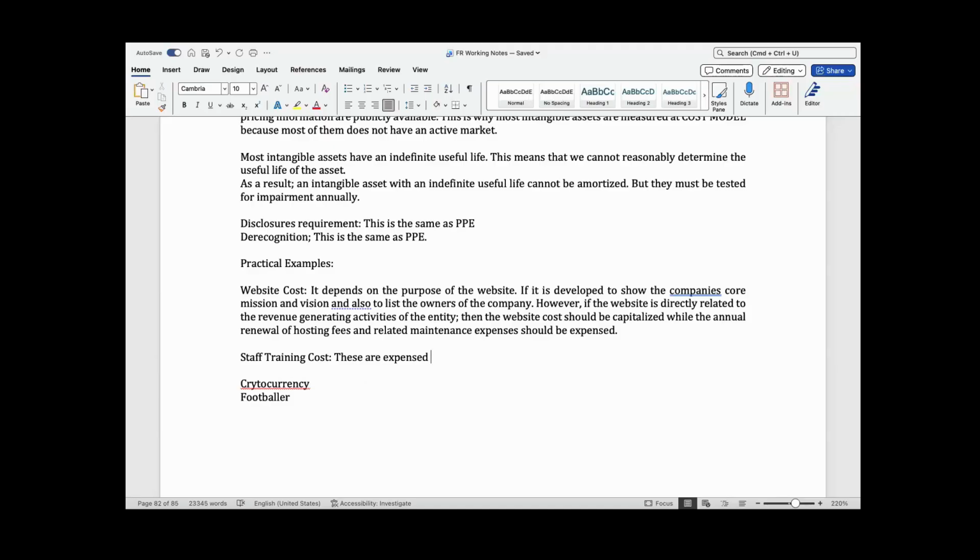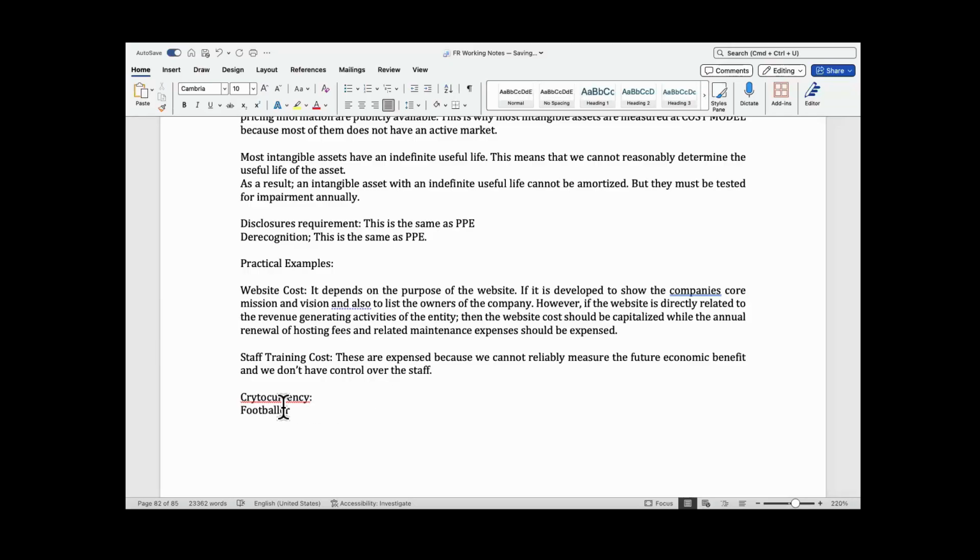They are expensed because we cannot reliably measure the future economic benefits, and we don't have control over the staff. So another key element is control, which is part of the recognition criteria anyway. We don't have control over this. They can leave anytime.